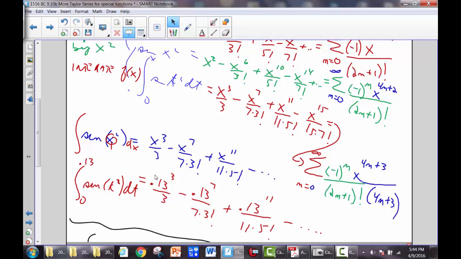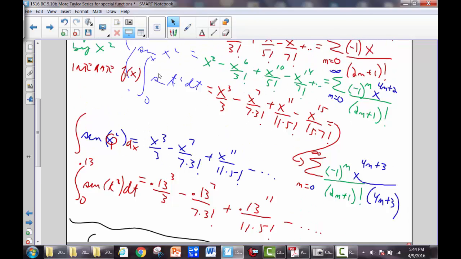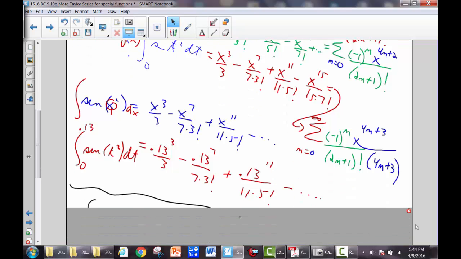Just so I can explain the t and the x: if you were to evaluate that from 0 to x, with all t's, you'll have t cubed over 3, you replace them all by x's and you get this, minus, when you replace them all by zeros, that just disappears. So we're going to replace all these x's by 0.13, and that would give you an approximation.